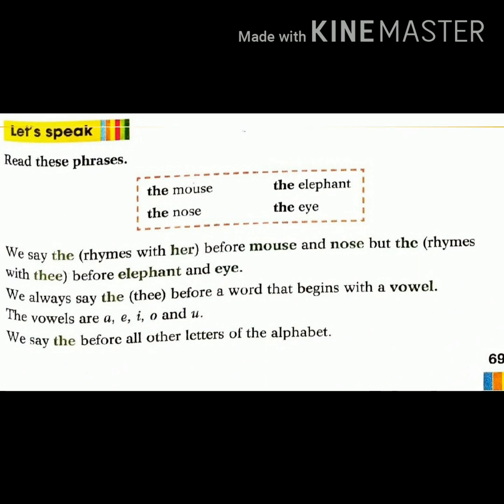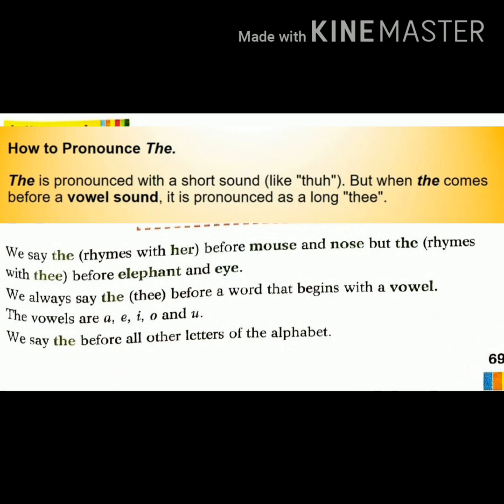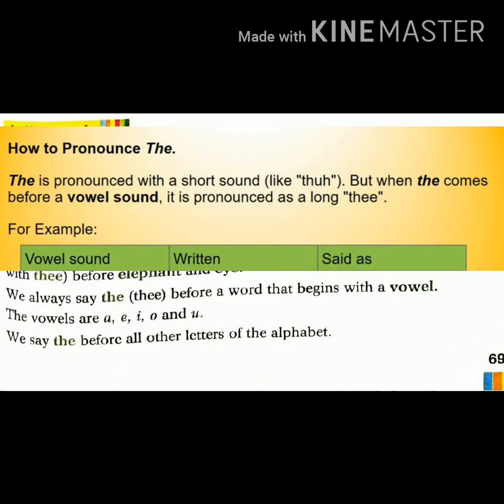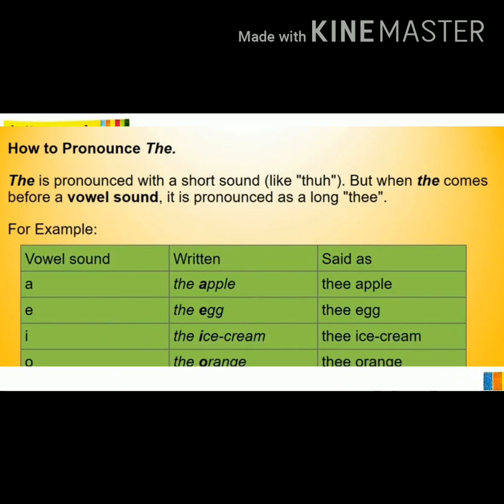Let's try to understand it with another slide. "The" is pronounced with a short sound like "the", but when "the" comes before a vowel sound, it is pronounced as a long "thee". Some examples are there. Let's read.